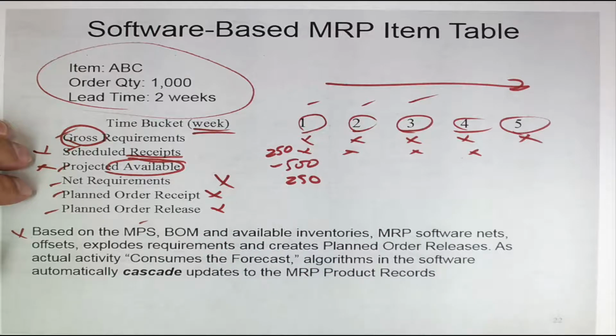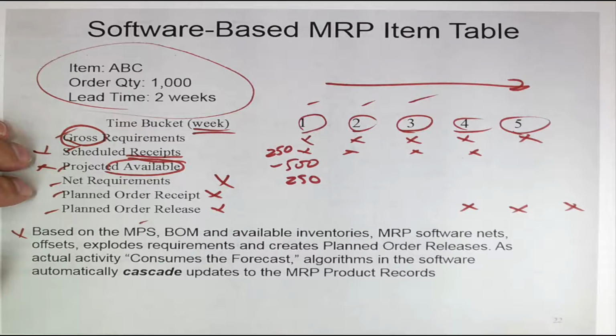Planned order releases become very important because as we go further out into time periods beyond or out into a 52-week period, that's what we're planning to release out into the future, actual purchase orders on vendors. That will indeed change. That is the ultimate manifestation of how forecasts are never 100% correct.